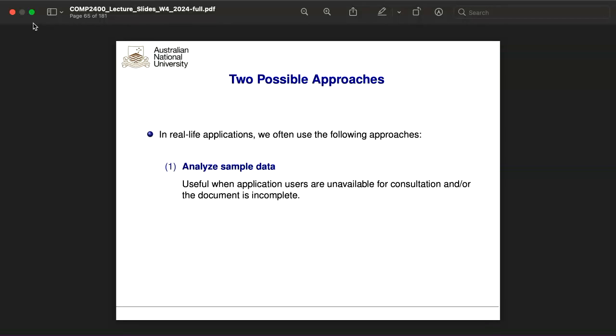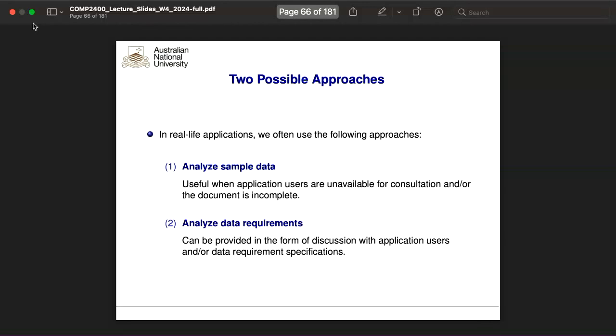We only have the data that we need to manage. That means you can only look into the data and try to figure out what kind of functional dependencies you need. In that case, analyzing data is important. The second case would be better. If you have customers, you can talk to them. They can tell you what kind of data requirements we need and what we want to build into a database. In that way, you can develop some functional dependencies.